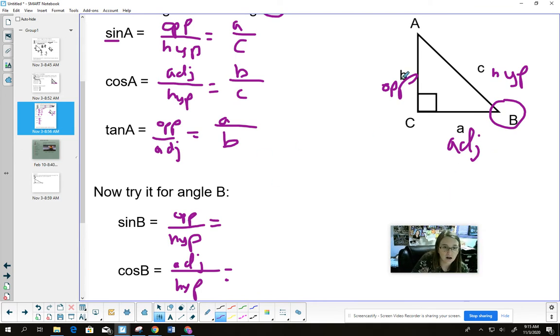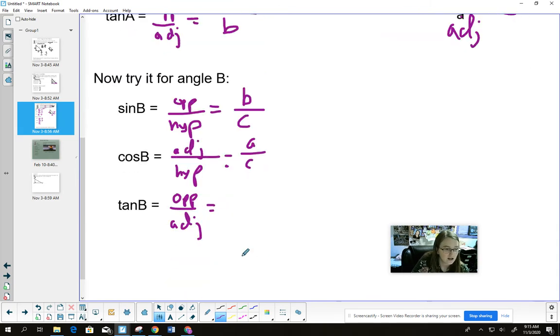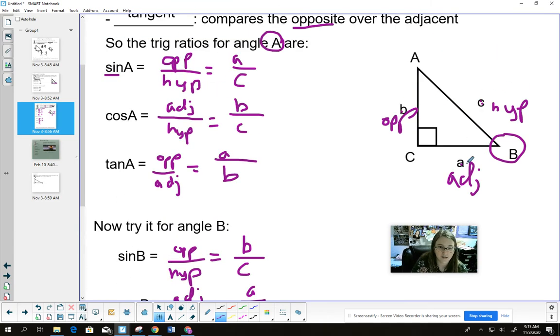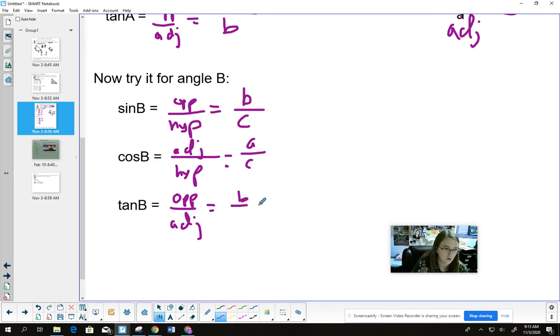So we should have gotten opposite over hypotenuse, B over C. We should have gotten adjacent over hypotenuse, A over C. And for tangent, we should have had opposite over adjacent, B over A. Again, we're going to drill this in a bit more. You have this in the packet. It's all right there.